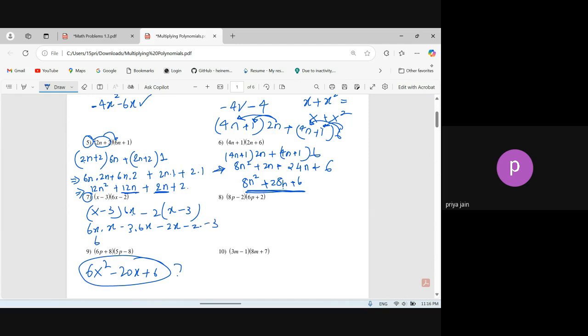So we'll have 6x squared minus 18x minus 2x plus 6. So I'll get 6x squared minus 20x plus 6, which is correct.